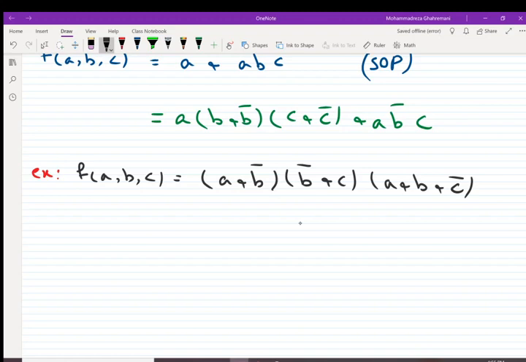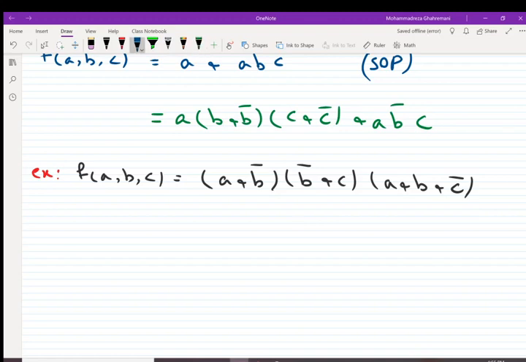Okay, now we want to convert it to canonical. The third term is of course a maxterm, so we don't need to worry about the last term. The first two terms we need to modify in order to convert it to canonical form.